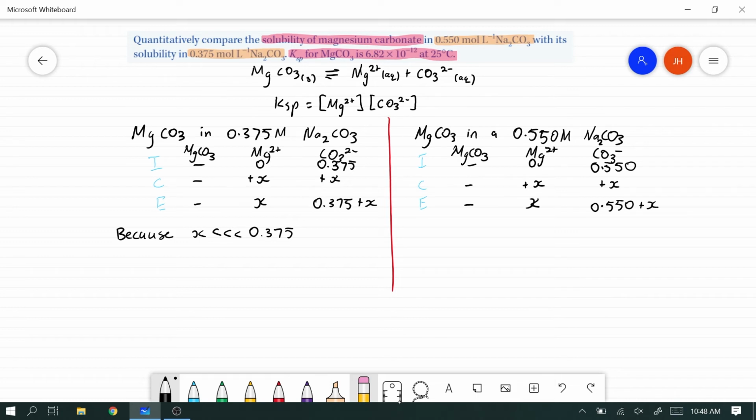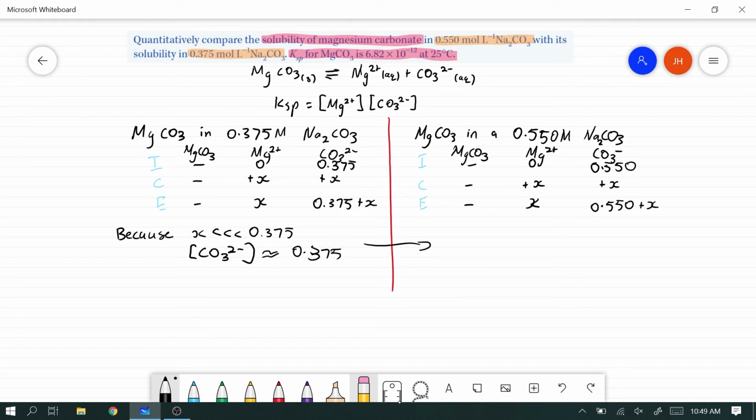So because there's going to be a really big difference between the amount of extra carbonate that's been added and the concentration that's already there, we can say that the concentration of the carbonate ions at equilibrium is going to effectively be 0.375.